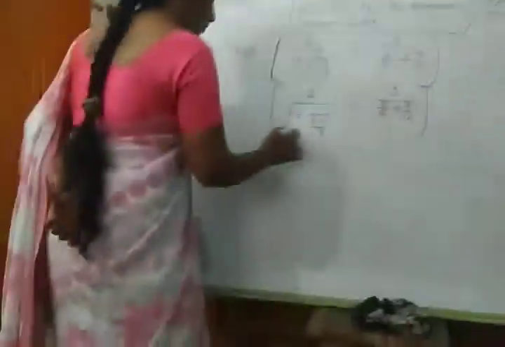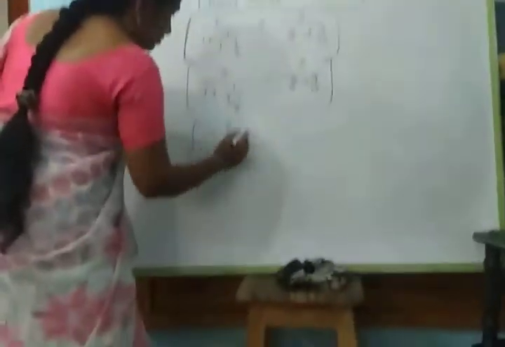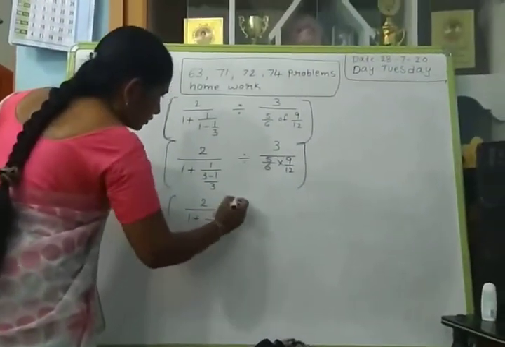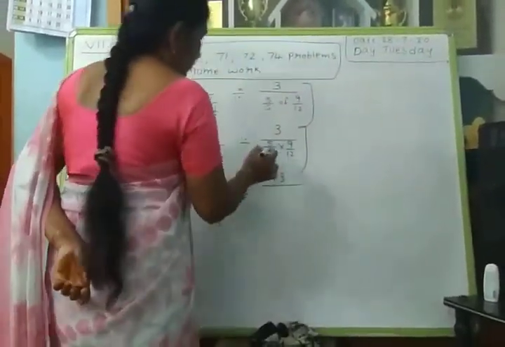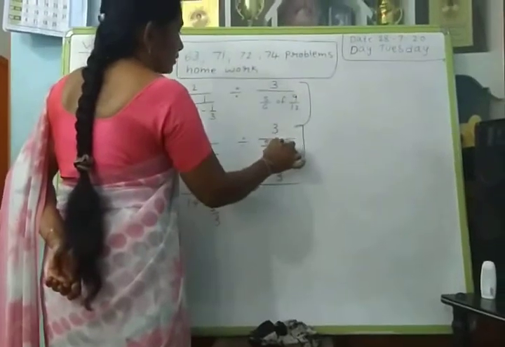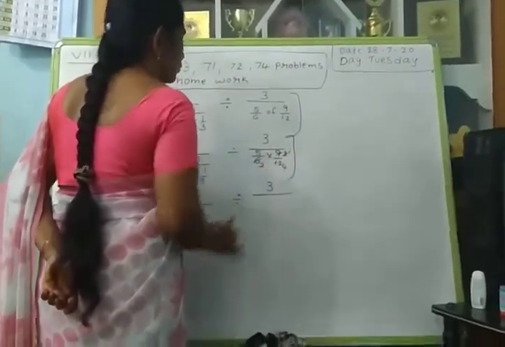Half means what we have to do? Multiplication. Next one 2 by 1 plus 3 minus 1, 2 by 3 divided by 3 by 3. 2s are 3, 3s are 3, 1s are 3, 4s are.